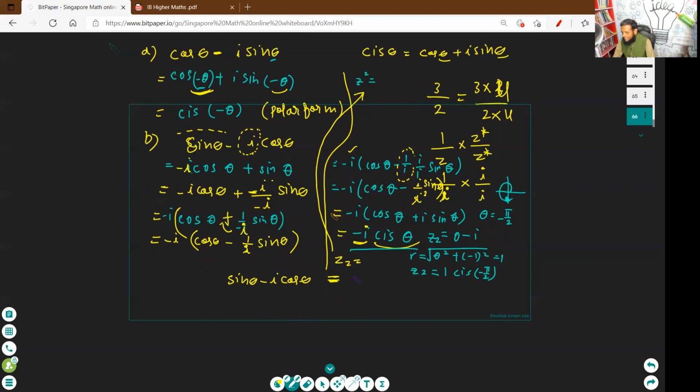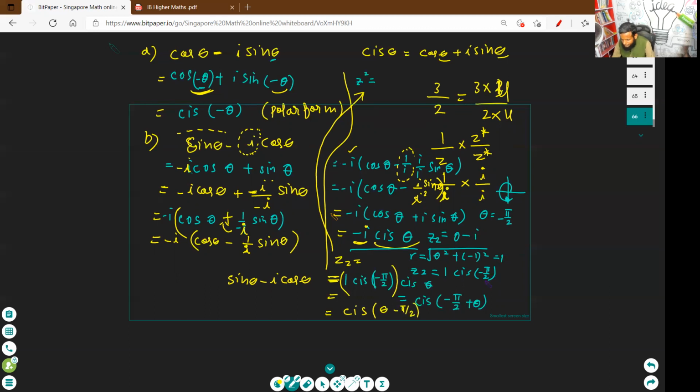It is very easy. So 1 cis negative pi over 2, minus pi over 2, in a bracket, times cis theta. Here there is no need of bracket. So then it's cis of negative pi over 2 plus theta. You should write theta minus pi over 2. This is our correct answer.